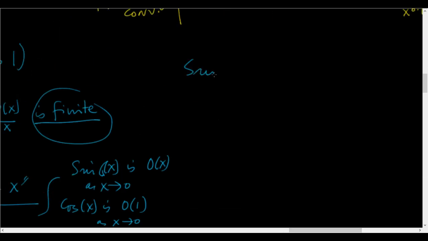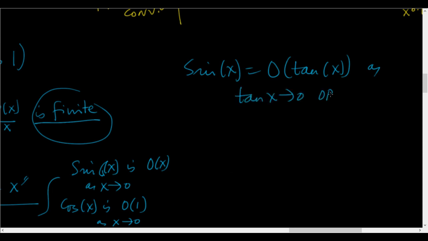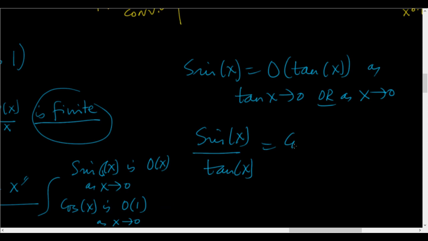Sine of x is order tan of x as x goes to 0. Okay, so we use notation like this. So sine of x by tan of x equals cosine of x, which goes to 1 as x goes to 0. So this limit is finite.